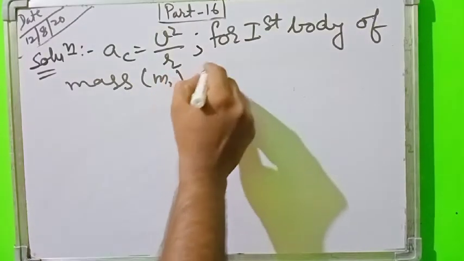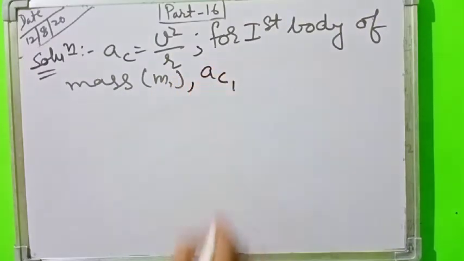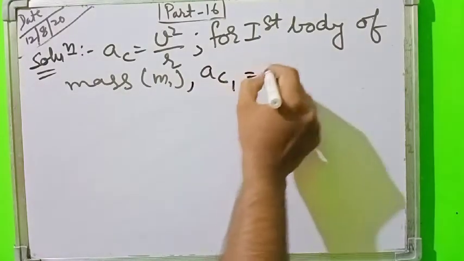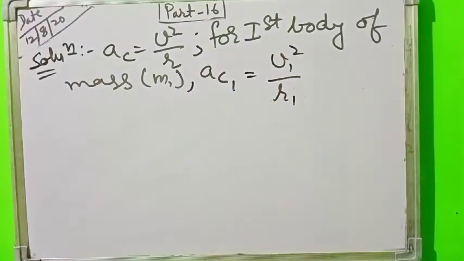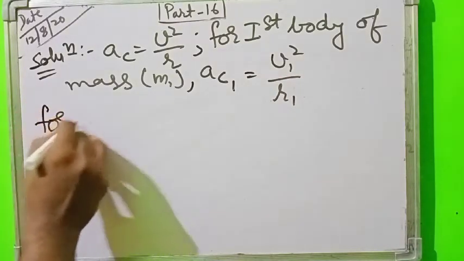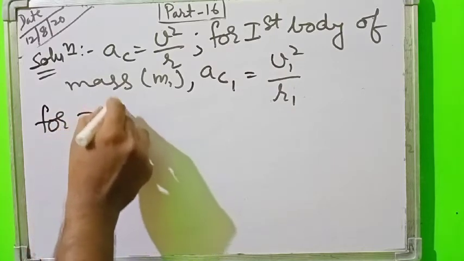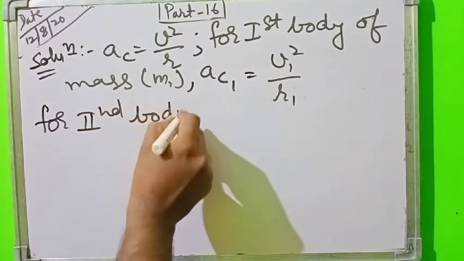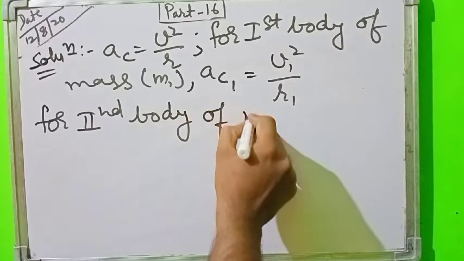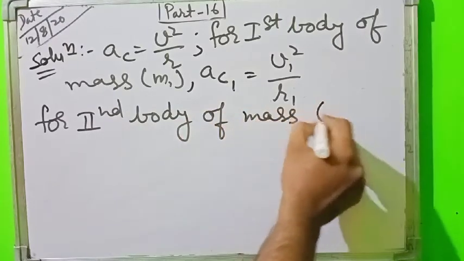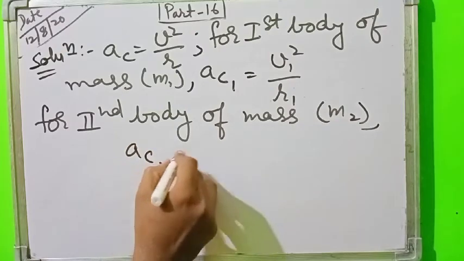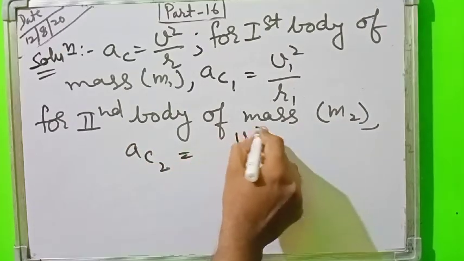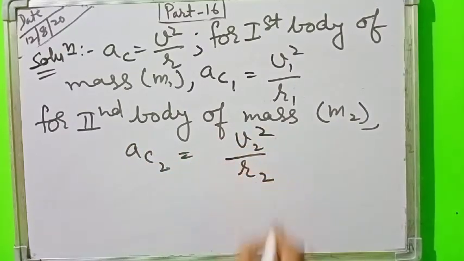The value can be AC1 for the first body, and it is equal to V1 square upon R1. For the second body of mass M2, AC2 is equal to V2 square upon R2.